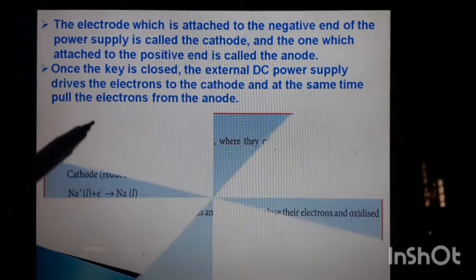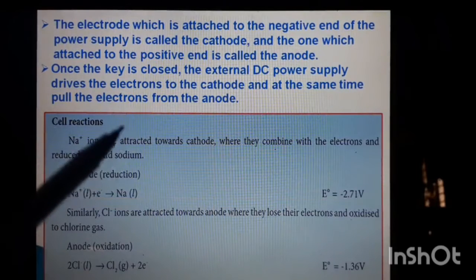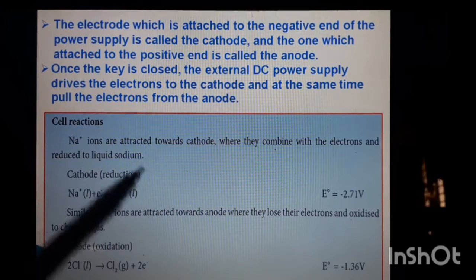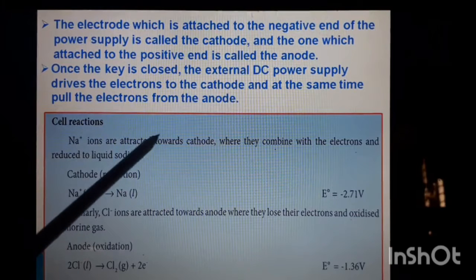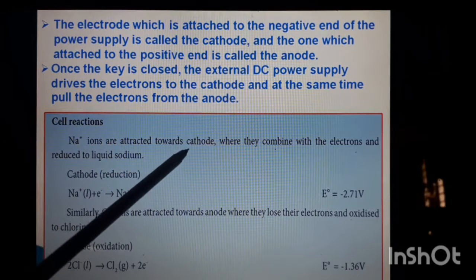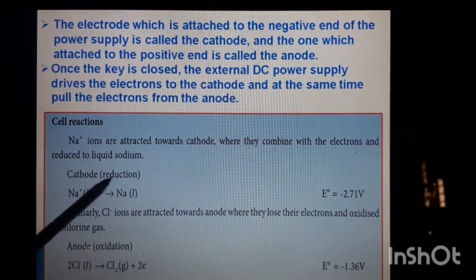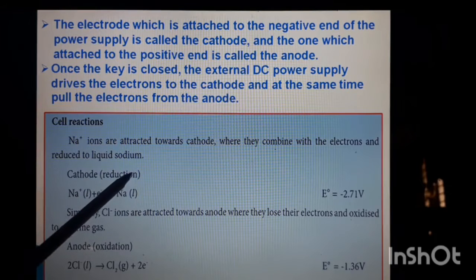Okay. Now the cell reactions. What are the cell reactions? In the molten sodium chloride, the sodium ions are attracted towards the cathode, where they combine with electrons and are reduced to liquid sodium. In the cathode reaction, reduction is taking place.